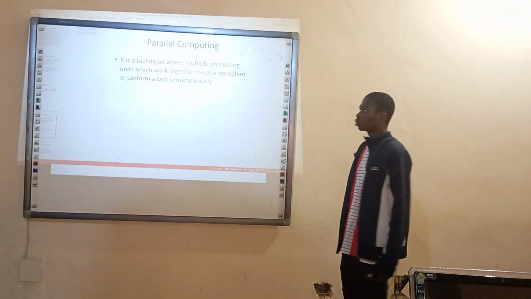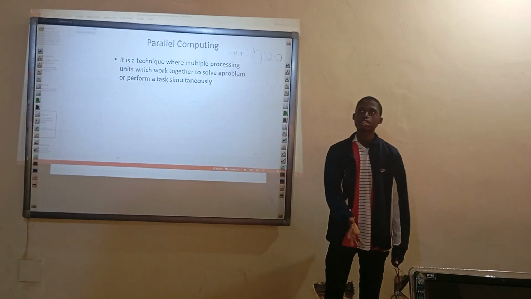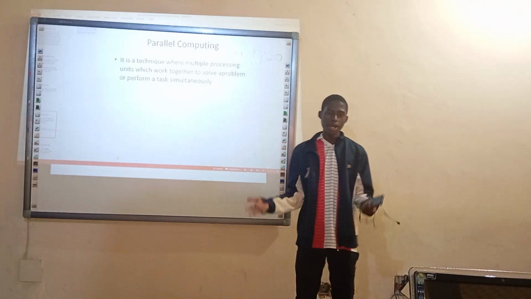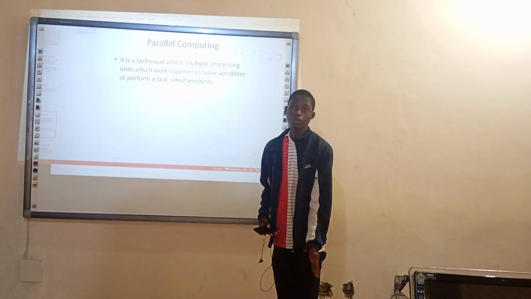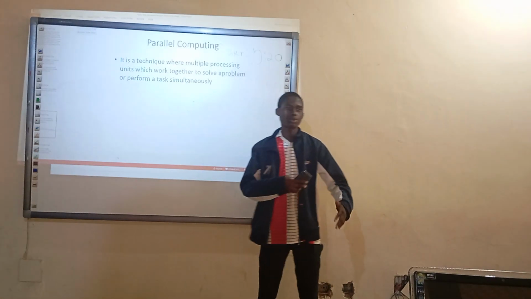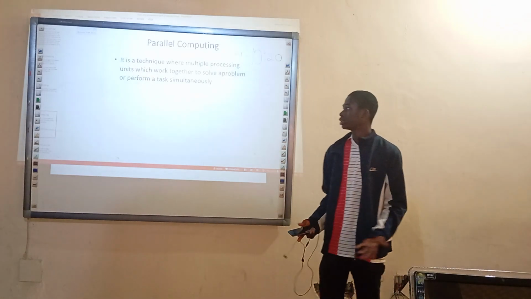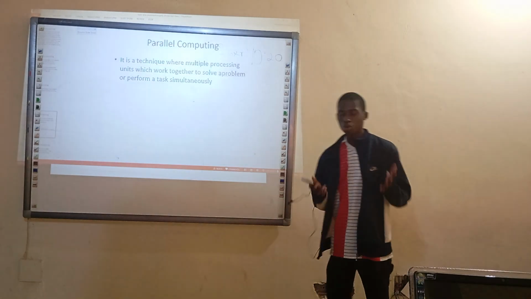But concurrency does not solve them at the same time. If I have 5 tasks, it will just move from one and then go and solve the other one and then move, and it will just look as if it's solving them at the same time. Meanwhile, it's not solving them at the same time. So that's the difference between parallelism and concurrency.